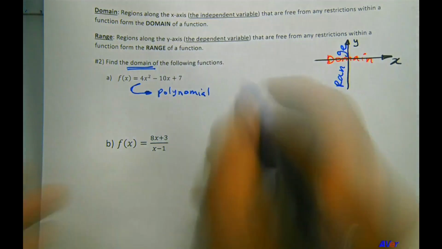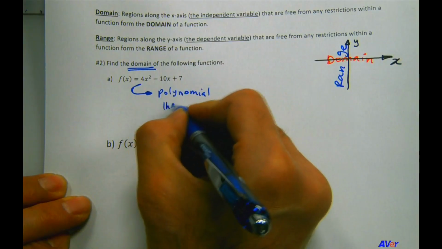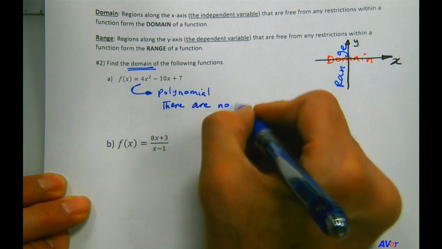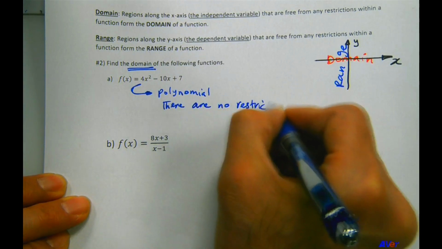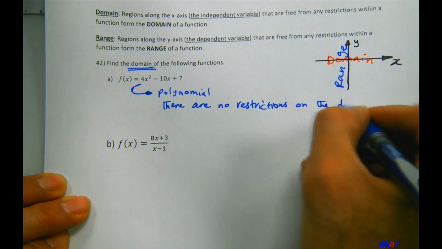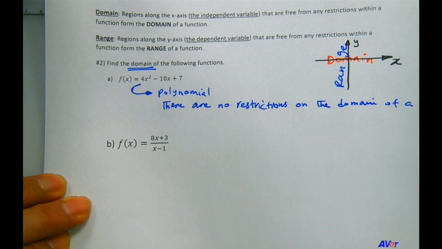So let me write that down. Polynomial, there are no restrictions on the domain of a polynomial.